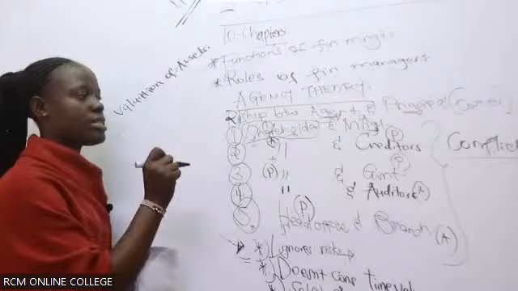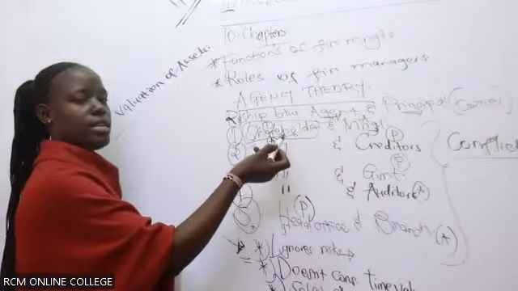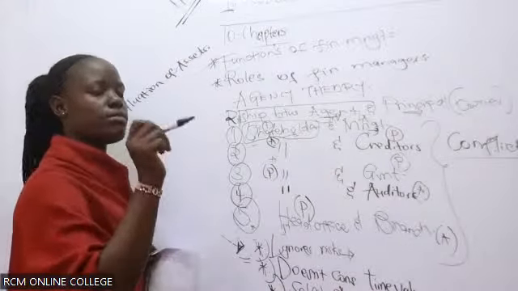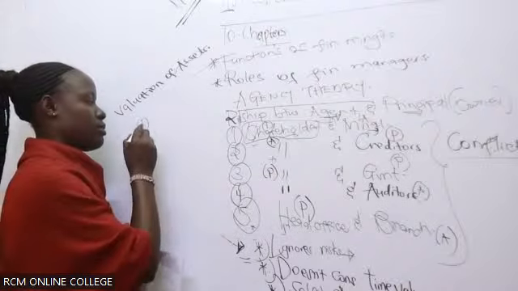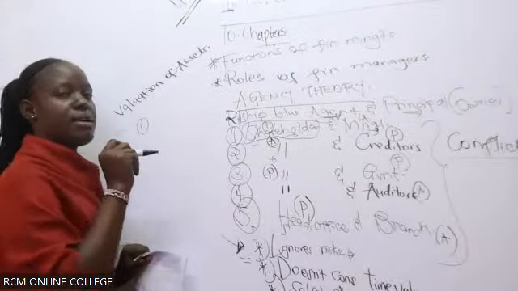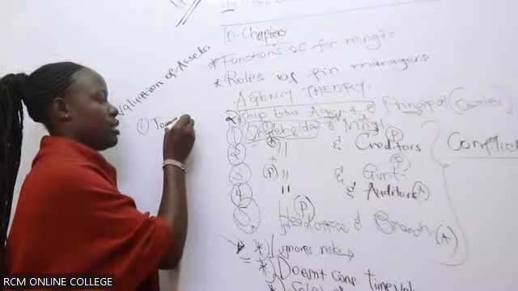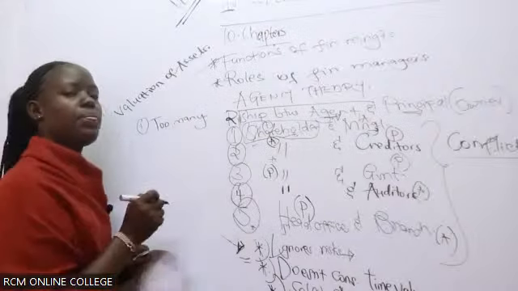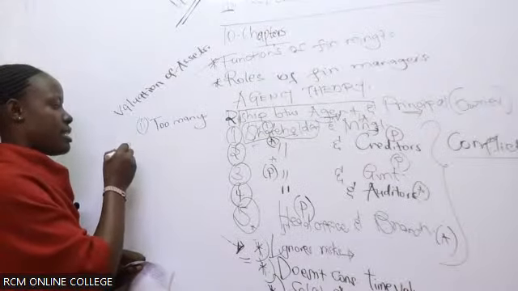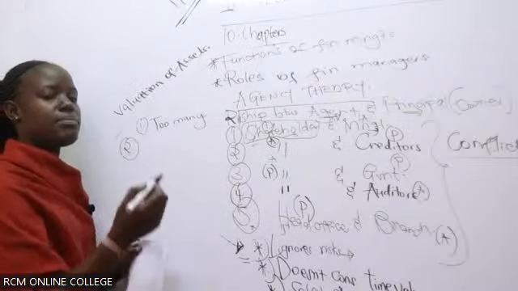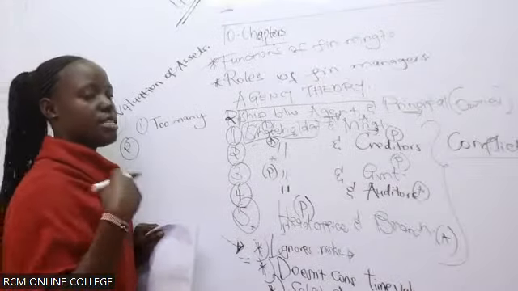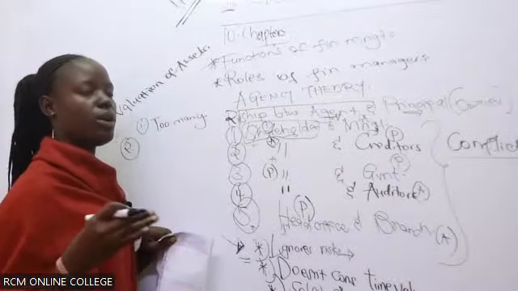So when you're told to discuss the reasons why shareholders are not given the right to manage a firm, you can say that the first reason is that there may be too many to manage a single firm. The second one, we can say that these shareholders might be geographically dispersed. They might be located in different geographical areas.